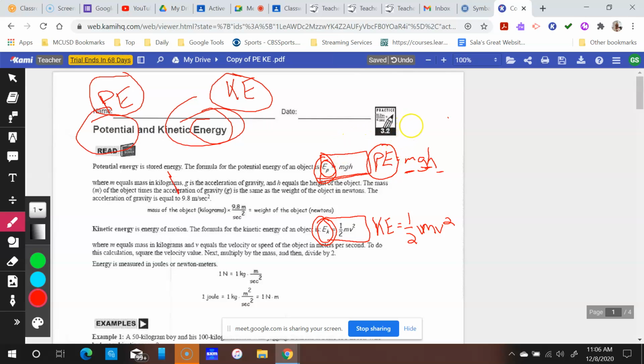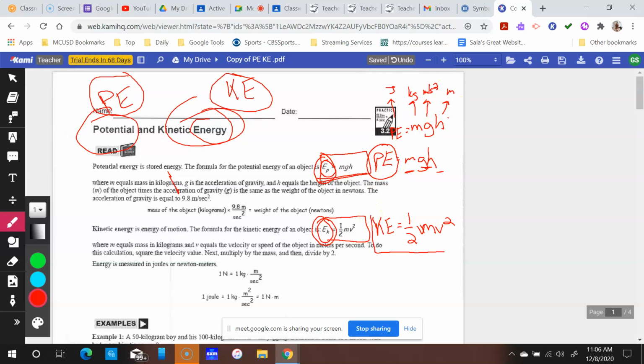The bottom line is you need mass, gravity, height. Since potential energy is a type of energy, remember your units. Energy is in joules, mass is in kilograms, gravity is a type of acceleration, so that's meters per second squared, and then height would be in meters.